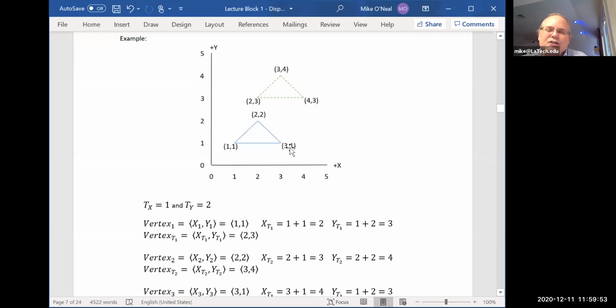How about (3, 1)? Same sort of thing. Add 1 to 3, that gives you 4. Add 2 to 1, that gives you 3. So (3, 1) becomes (4, 3). If I know that my polygon is connected from point 1 to point 2, from point 2 to point 3, and from point 3 back to point 1, once I've done the translation I can just draw these lines, shown in green dashed, and I will get exactly the same object.